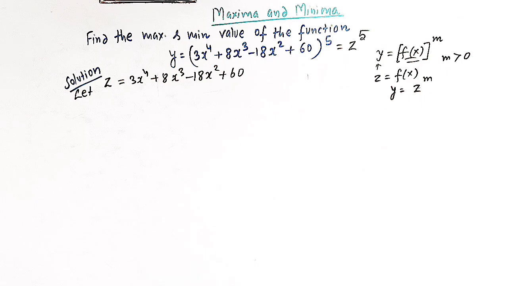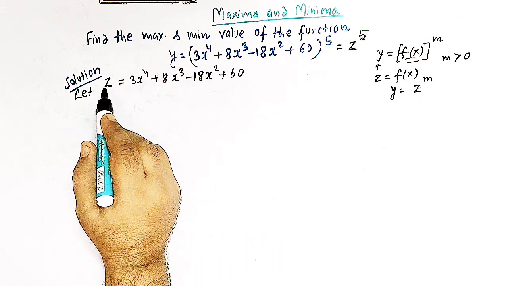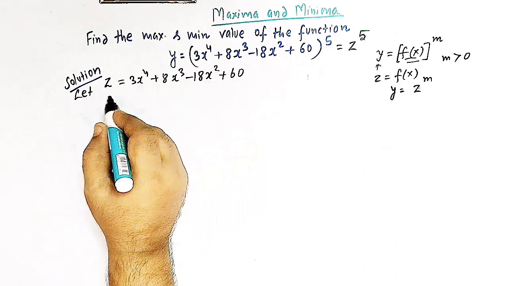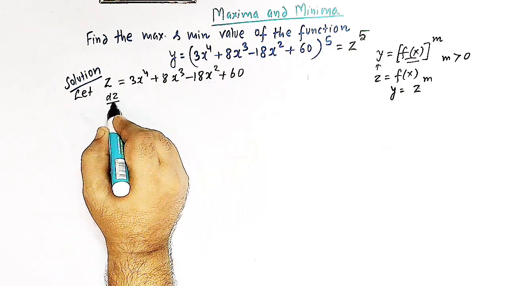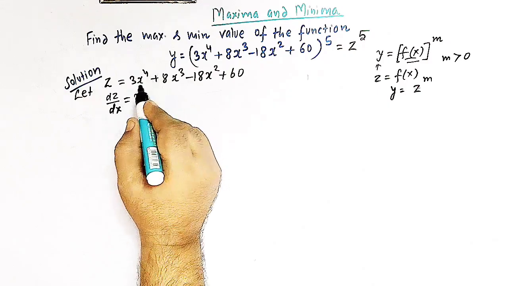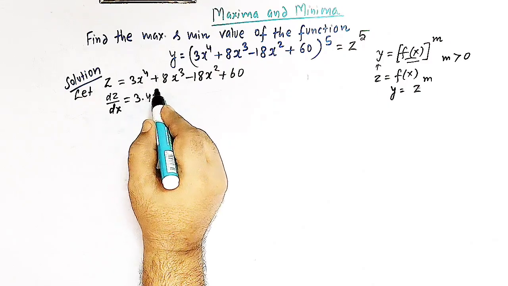And here I will make use of the second derivative test. So let us first differentiate z with respect to x. So dz over dx is given by 3 times the derivative of x^4, which is 4x^3.